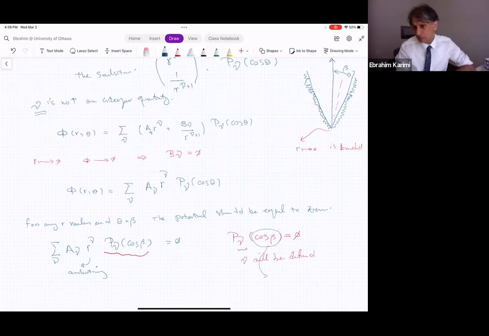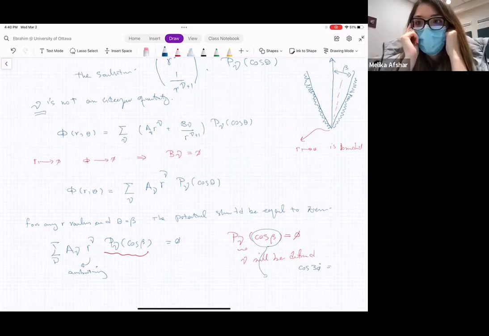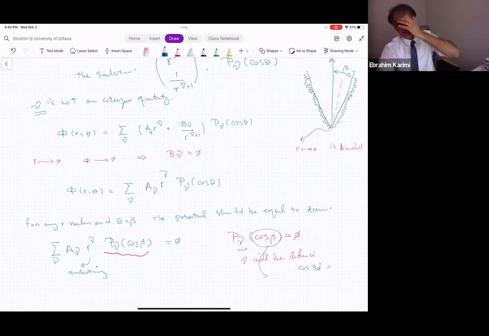For example, if beta is 30 degrees, cosine of 30 degrees, what will the value be, guys?